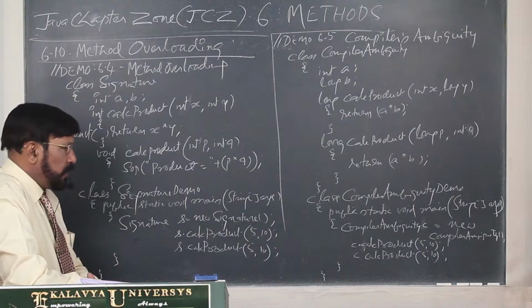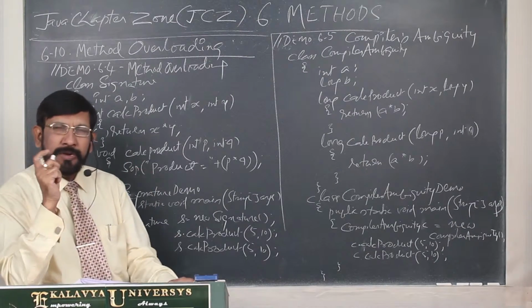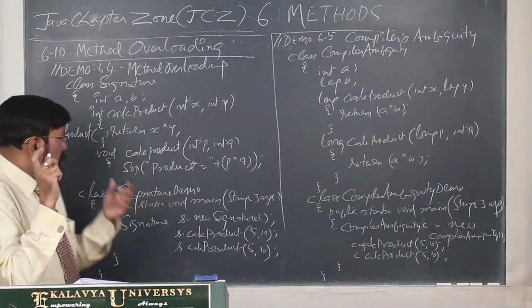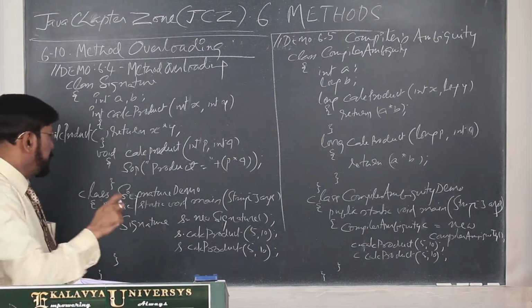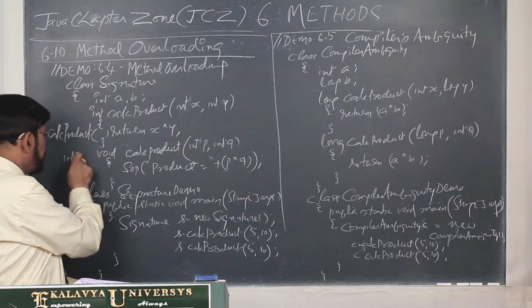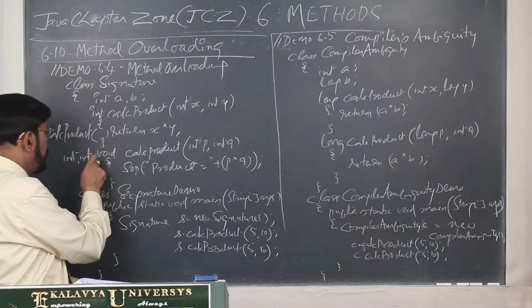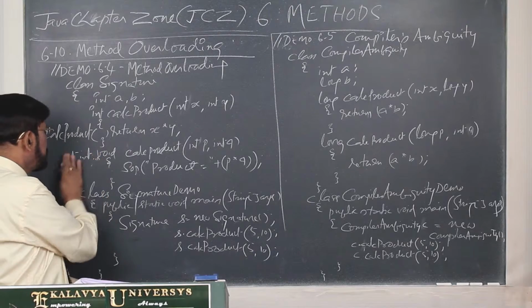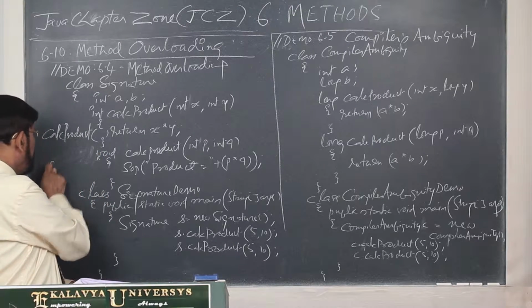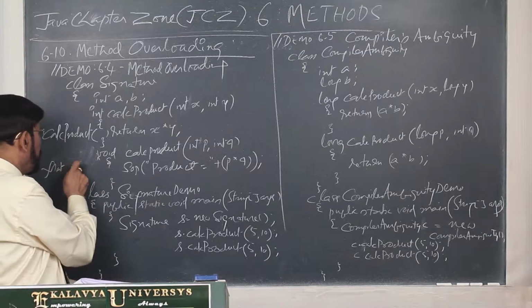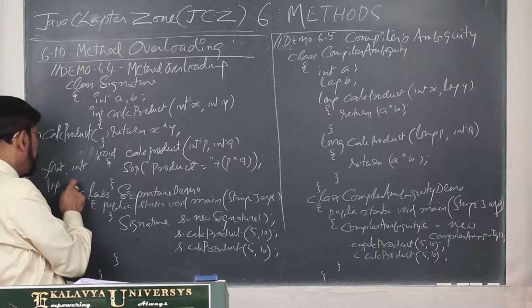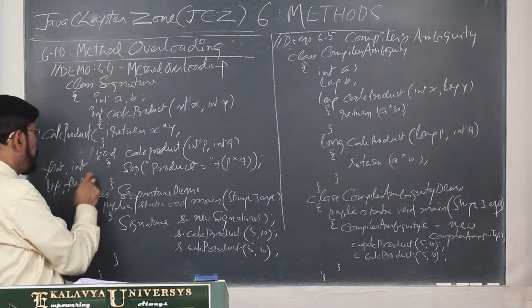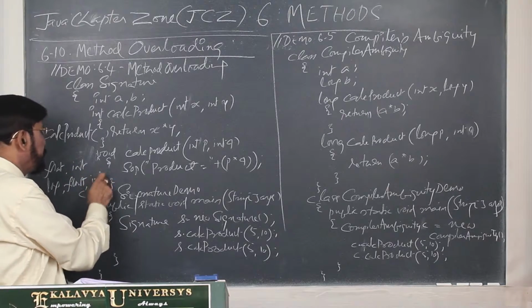But in a particular program, we are calculating the product of different sets of arguments. In one case, 3 ints. Second case, 1 float, 1 int. Third case, 1 long, 1 float, 1 int.